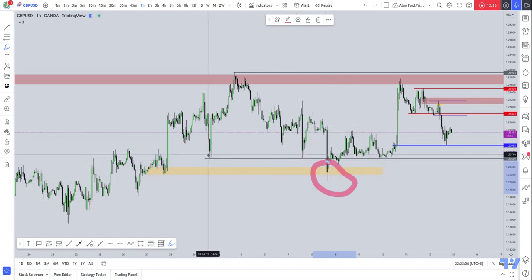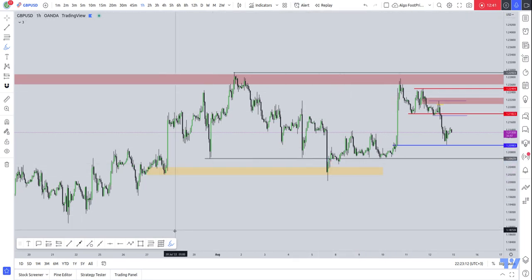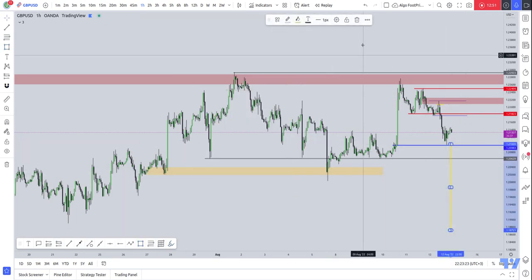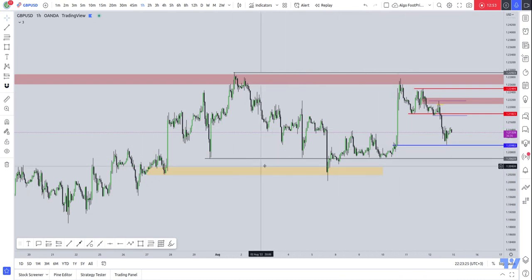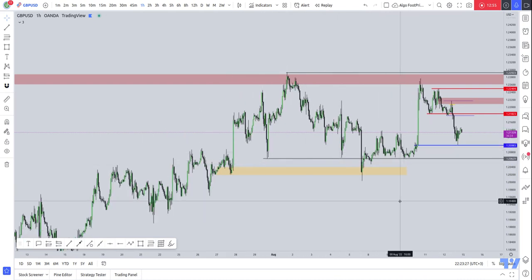This is the previous week's low. It has been taken out. So my question is, why would smart money be interested in taking the price lower if they had taken out all this liquidity? You see? So that's how you read the footprint of the algo.